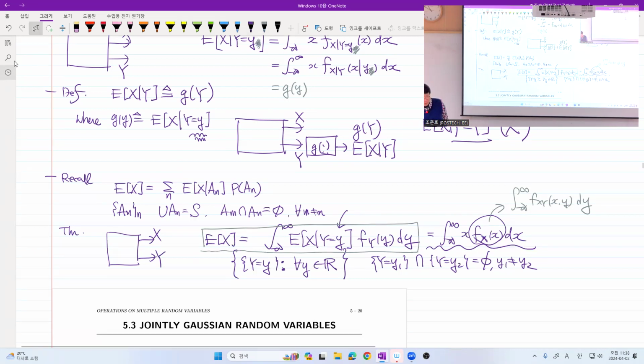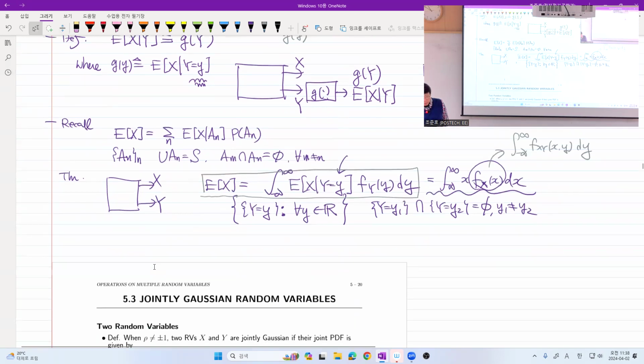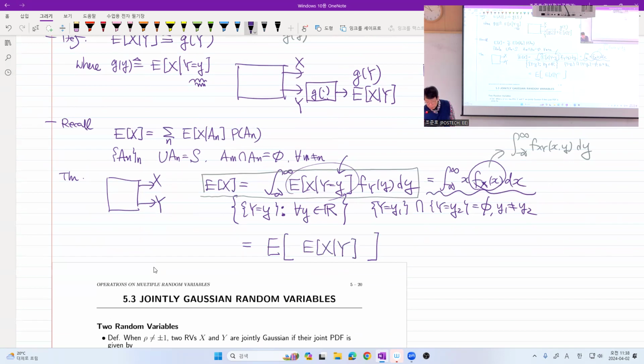Now let's combine this strange notation with this result. What do you want to do? Anybody? So here goes the weirdest one. See that? Expectation of what? Am I right? Just replace this one with g of capital Y, g of y.